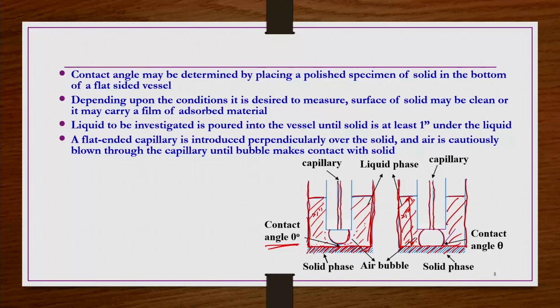Here, this is the liquid phase, this is the gas phase, and this is the solid phase. All three phases are making contact at this point. So, if you draw a tangent here, whatever this angle is, that we call the contact angle.